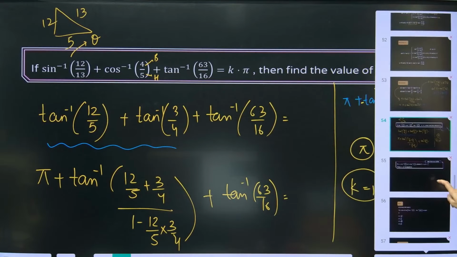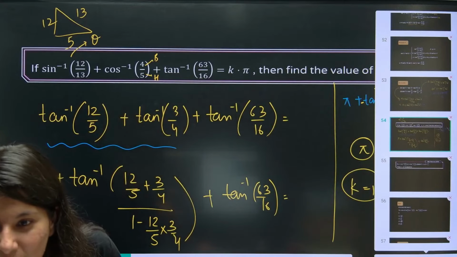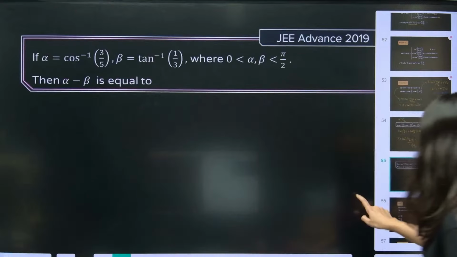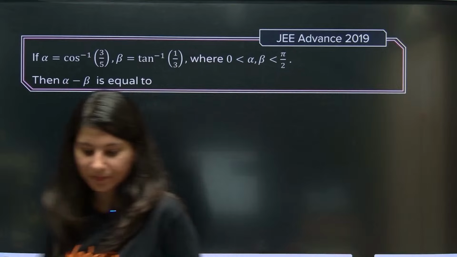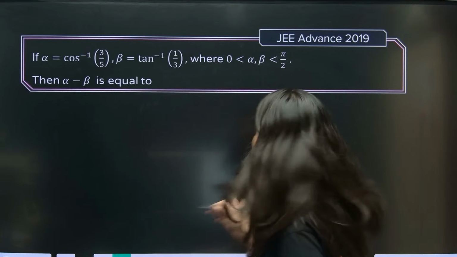Now there is one question which I am going to give you as homework. Shall I give a JEE Advanced question as homework or shall I do it? Chalo, let's go with this as homework.